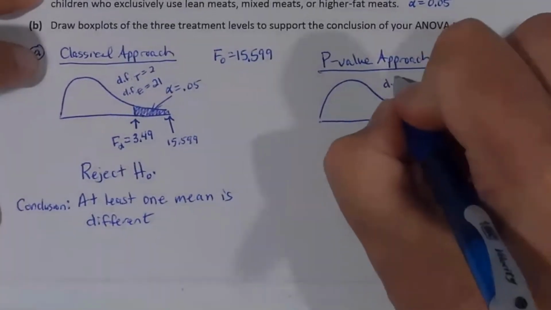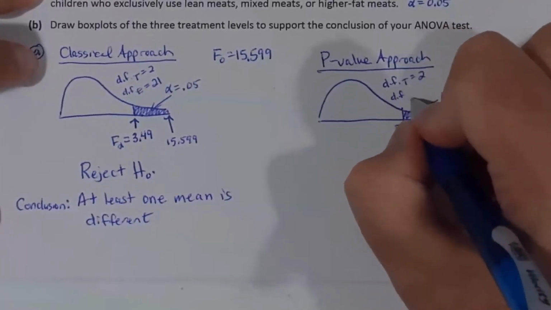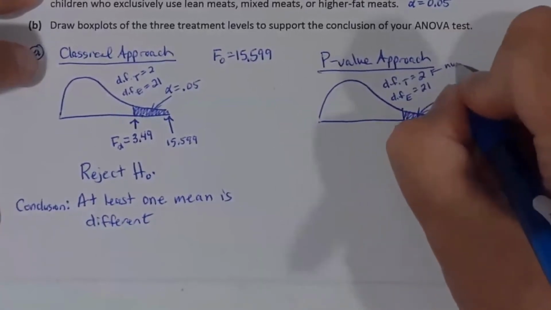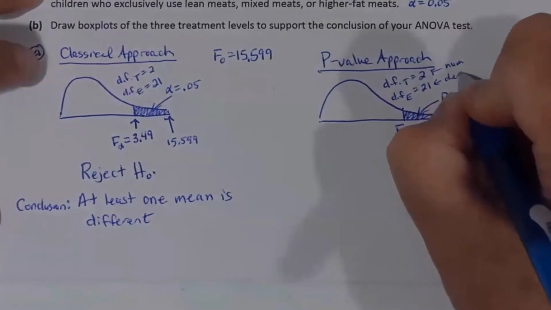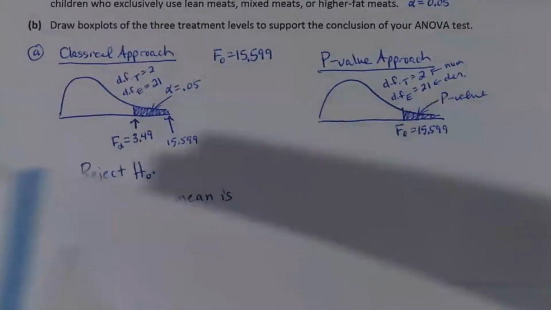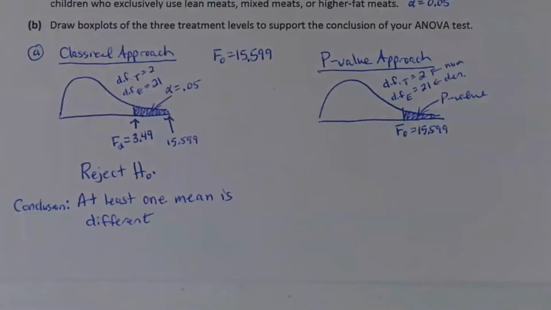And again, I have the degrees of freedom due to treatment is 2, and the degrees of freedom due to error is 21. This is the numerator, this is the denominator. Now, I can't really find the p-value using the table, so we'll generally not use the table for finding the p-value, but we do have a command on the calculator, and a calculator in StatCrunch, that can find this p-value for us.